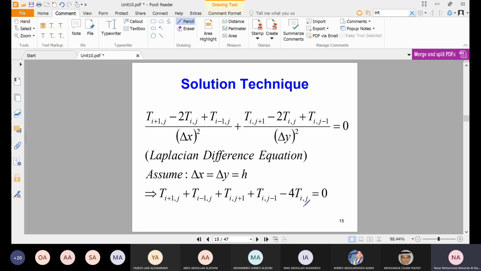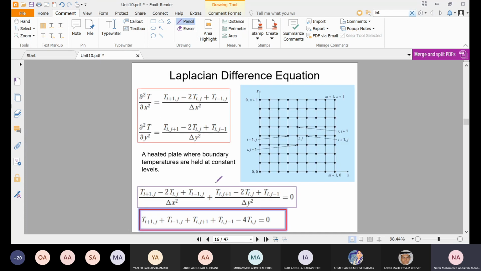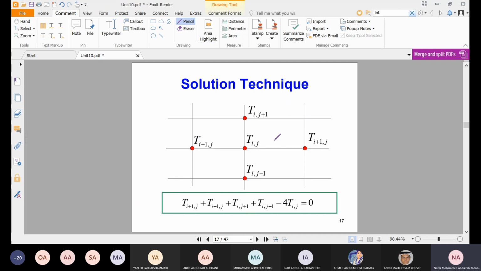So, for example, for this type, we are interested in computing the temperature at this node T i,j. By knowing the temperature of the surrounding nodes, these nodes are around the node that we want to compute. Usually we have two knowns and two unknowns, sometimes three unknowns. So in this case, we need to find the equation for each node.